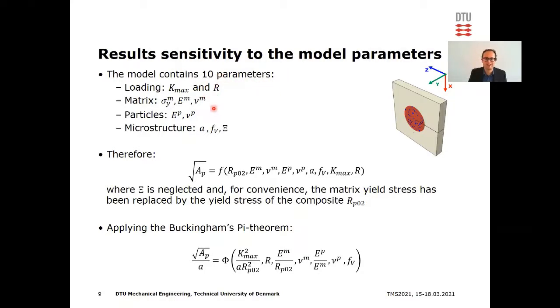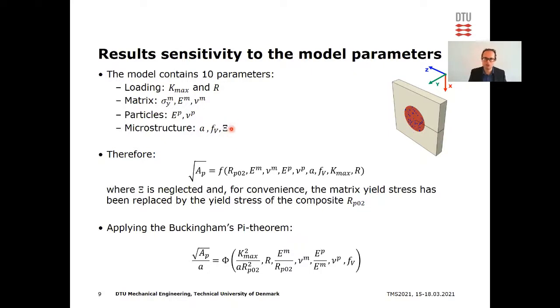So in this model, there are 10 parameters that affect the plastic zone size: 2 parameters related to the loading, then 5 parameters related to the elastic and plastic properties. And then for the microstructure, we have the mean particle distance, the particle volume fraction, and then this psi is a set of dimensionless quantities that describe the particle size and spatial distribution.